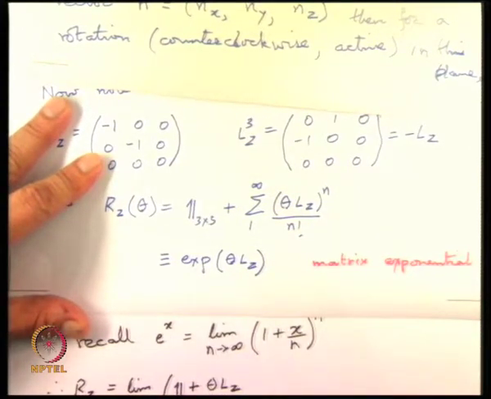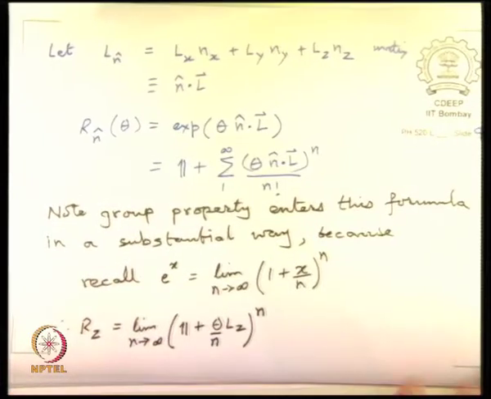So Rz can also be written as this limiting operation, which amounts to infinitesimalizing theta.